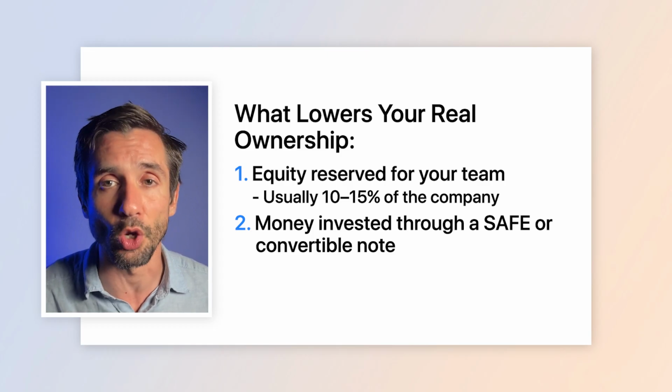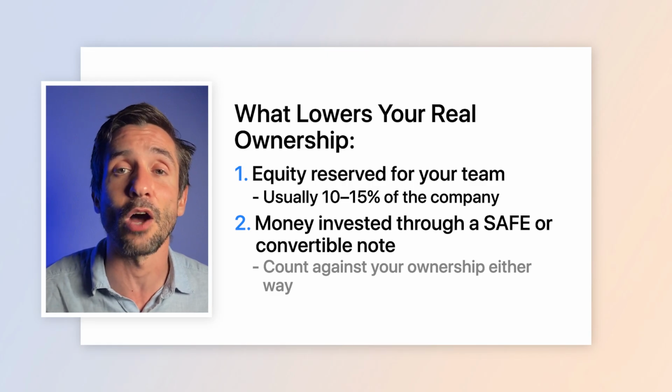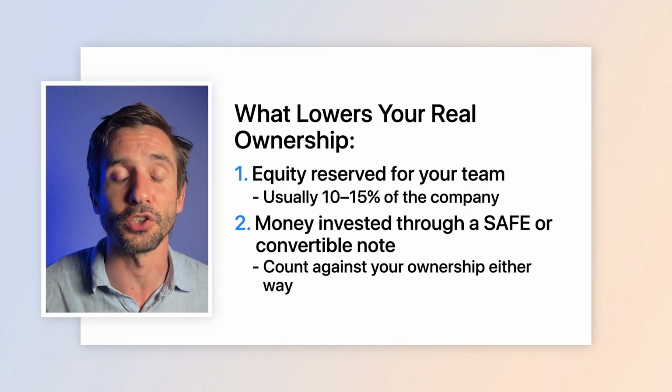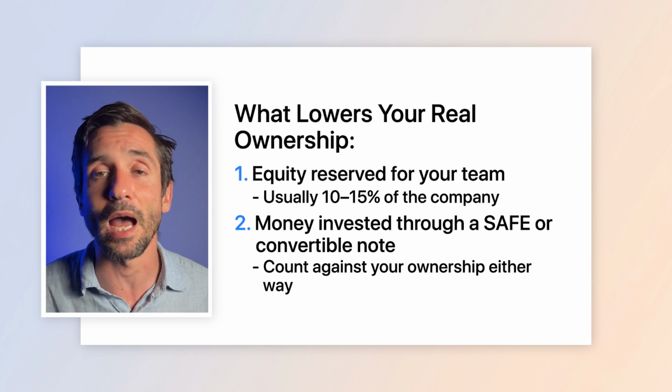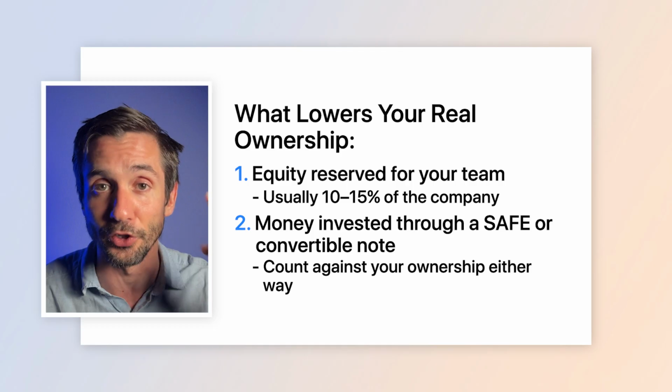So even though nobody's holding those shares yet, they're coming either way and they count against how much you own, just like everything else. So when you add all that up, what you own is usually a lot lower than the number in your head. That fully diluted number is the one that investors, acquirers, and any good lawyer is going to care about, so it needs to be the one that you care about too.